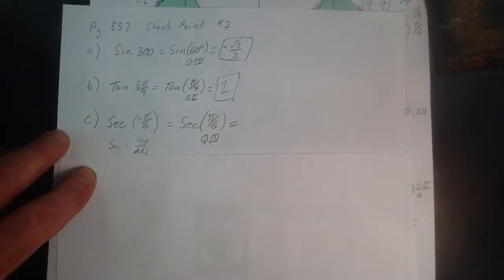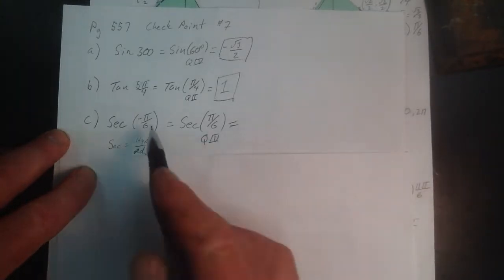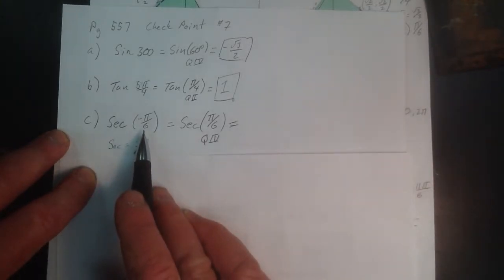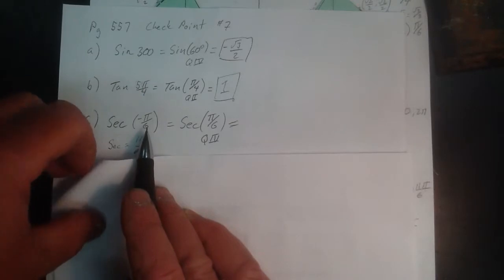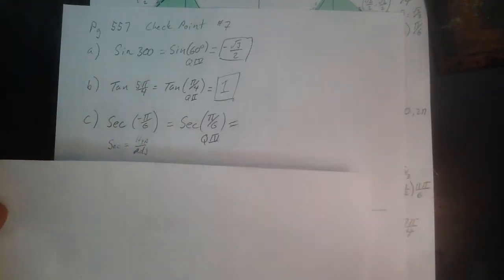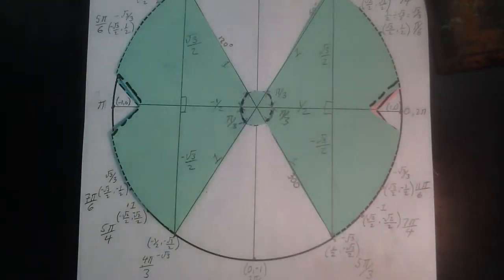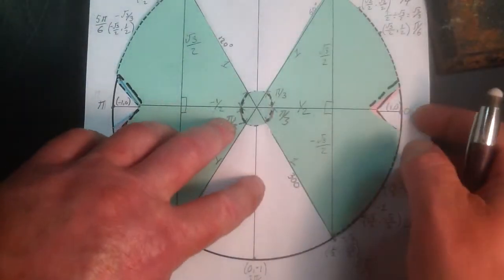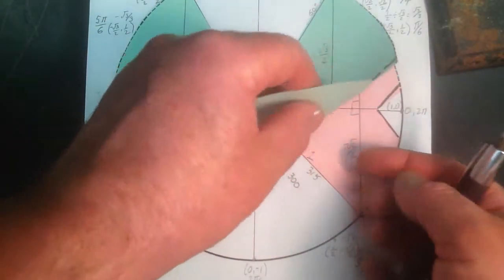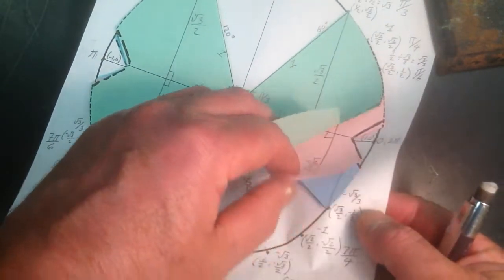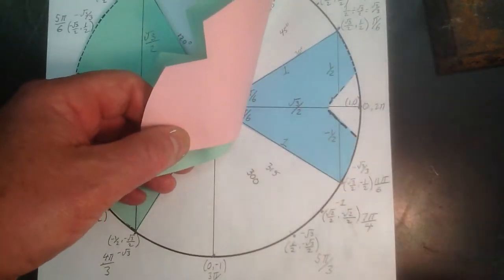Let's see if that works a little bit better. But let's find out where this is. Negative pi over 6. What is my reference angle? Where's my pi over 6? That is the very first one we did, our blue guys here.